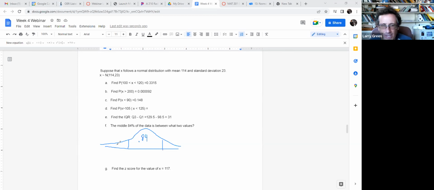But what is that area? 0.84 is in the middle. So how about on the left? Yeah, 0.08, because if there's 84% in the middle, then there's 100% minus 84% on the two sides. 100 minus 84% is 16%. But then if we just want the left, 16% divided by 2 is 8% or 0.08.